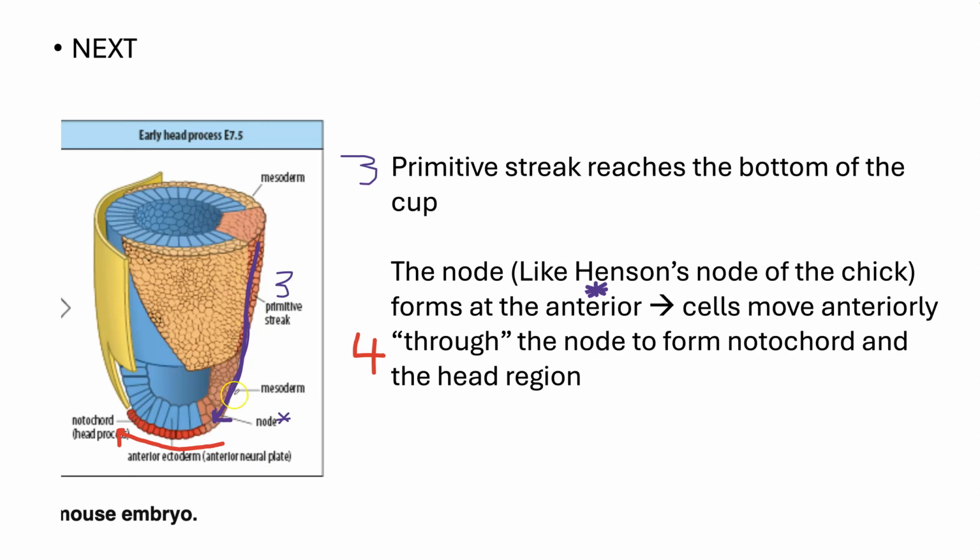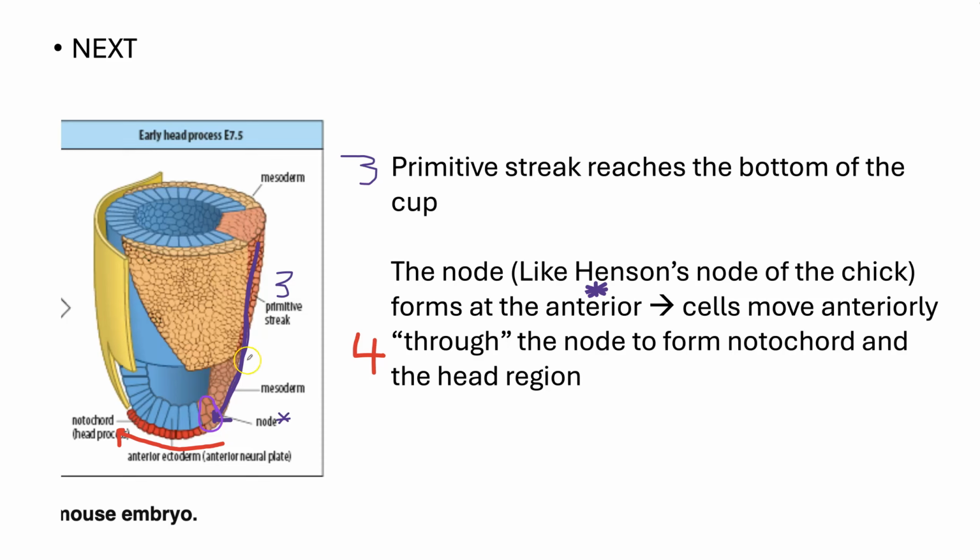Eventually, the primitive streak reaches the base of the cup, and a set of cells there forms what is called the node. But just like Hensen's node of the chick, this isn't a structure. This is more a gene expression.